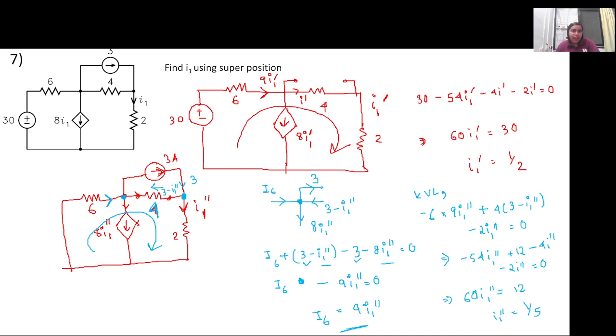Now the net I1 will be equal to I1 dash plus I1 double dash. I1 dash is half, I1 double dash is 1 by 5. If we take an LCM, it is 7 by 10, or 0.7 amps. Is this clear?